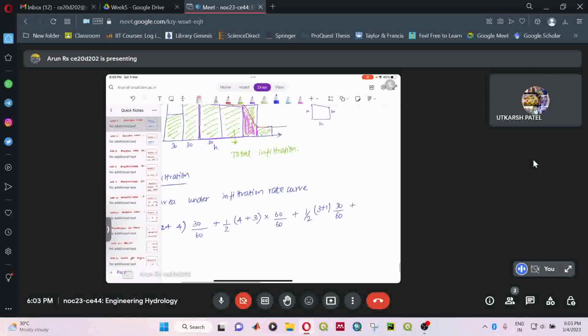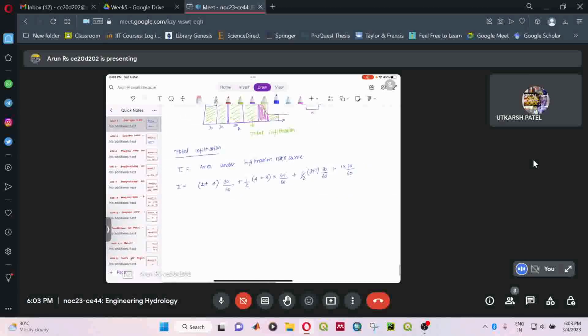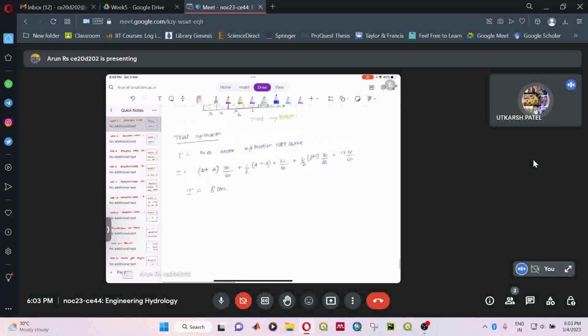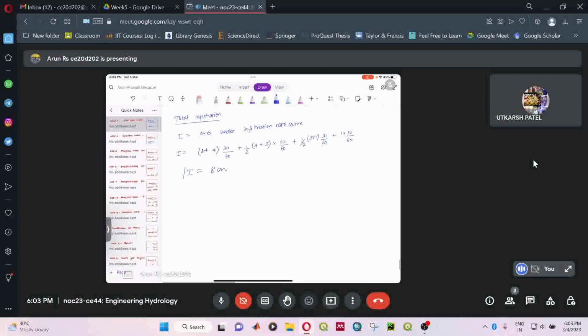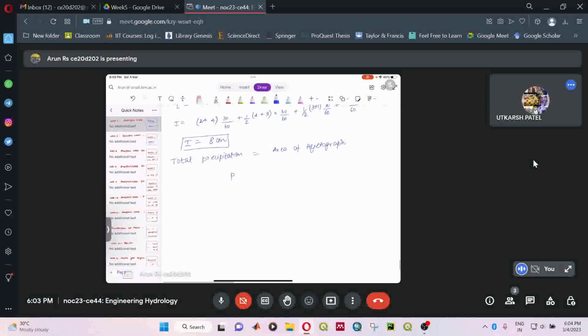And the last one is a rectangle, that is 1 into 30 by 60. So if you compute this, your total infiltration is 8 centimeters. And we can calculate the area of the hydrograph, the total precipitation. So that is P equal to 11.5 centimeters.